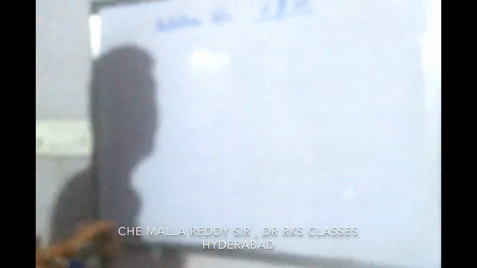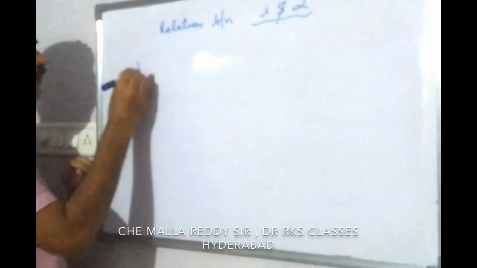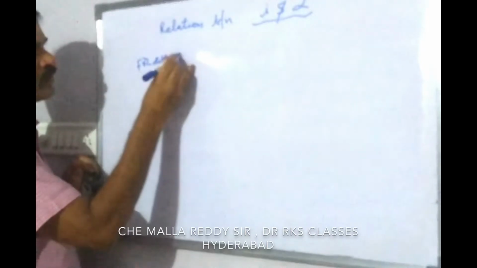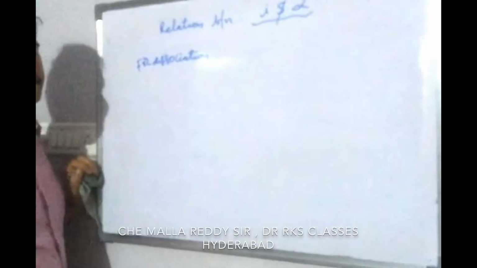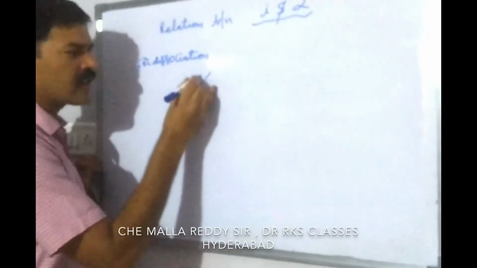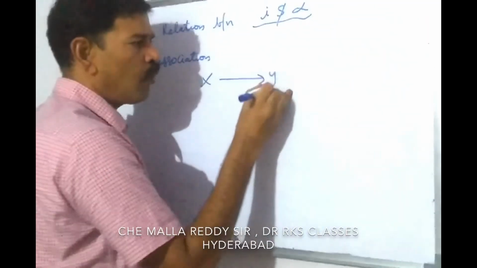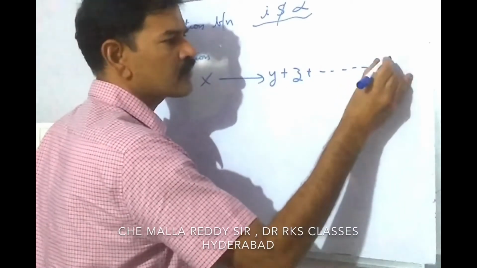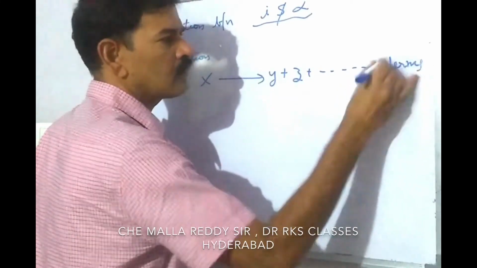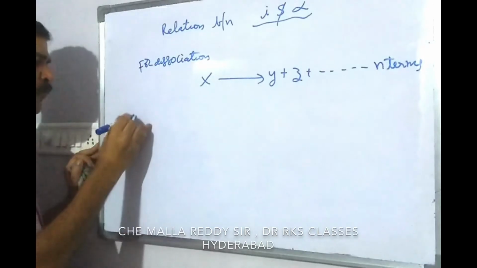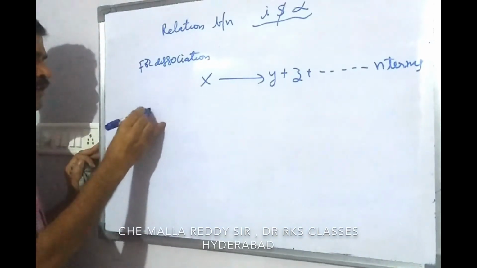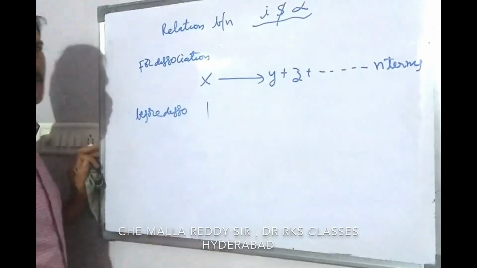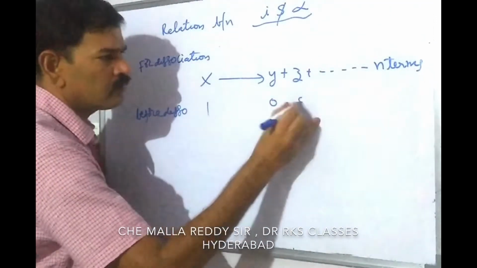Just after that, for dissociated solutes, for dissociation, here initially I am taking x is raised to y plus z plus so on, n terms. Here before dissociation I am taking 1, here 0, 0.